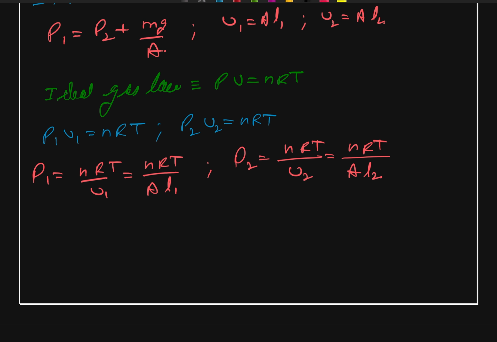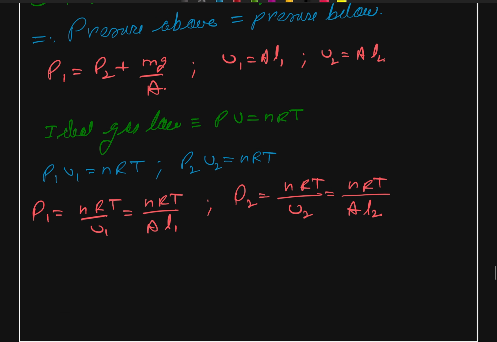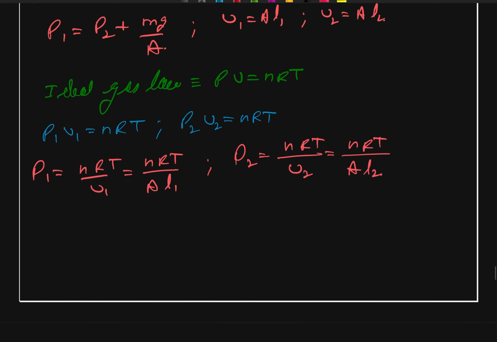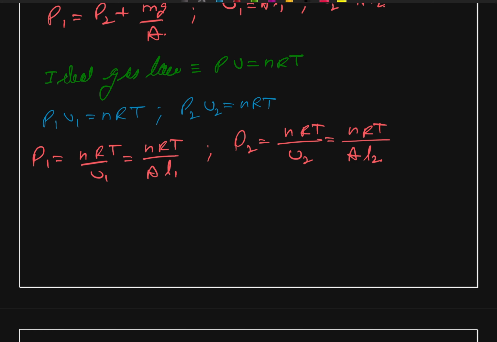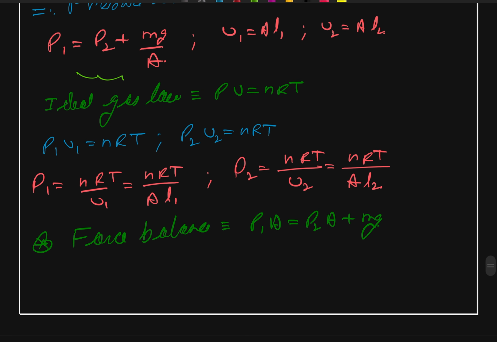Now we can write the force balance equation. We know that force is equal to pressure multiplied by area, so we get P1A is equal to P2A plus mg. Same equation but written in the force form now.